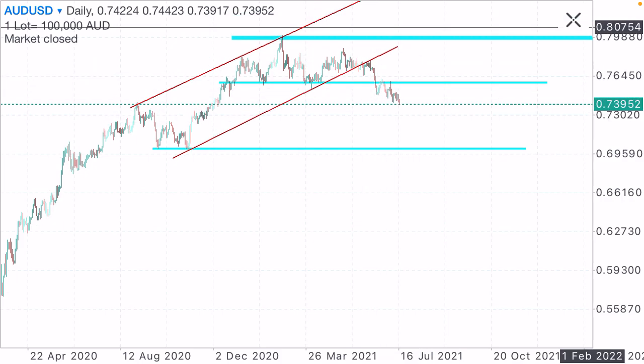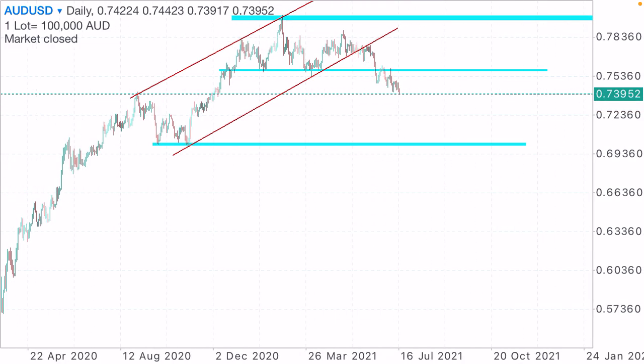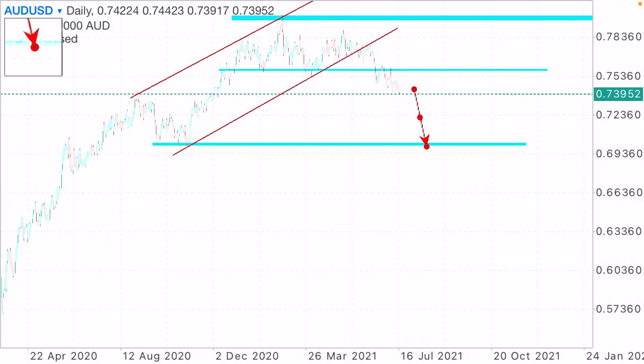So as you are looking at the chart, you see that the price is going down, and be rest assured it's coming to rest on this zone there. That's the target. That's where it's going.